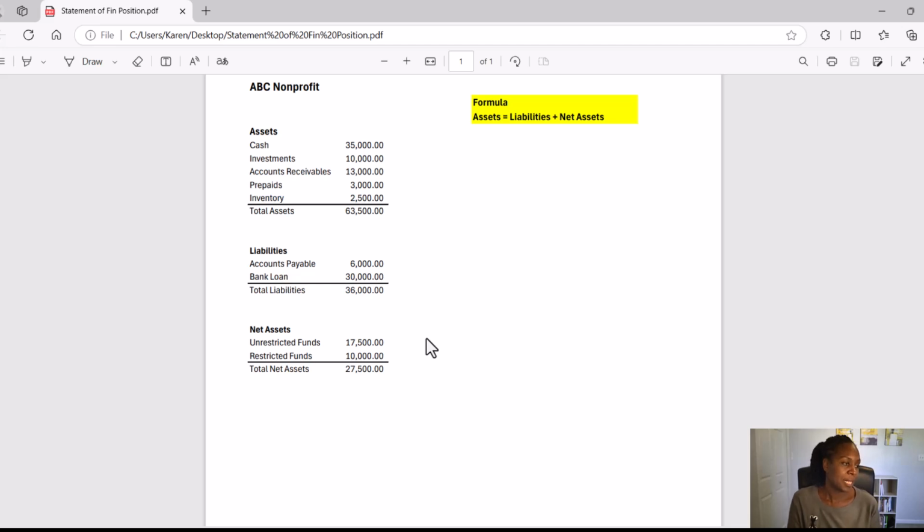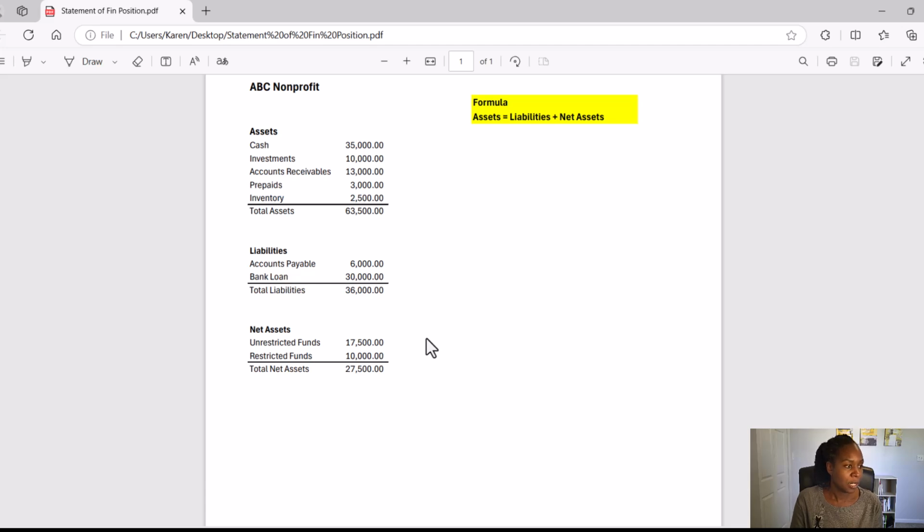So in your net assets, you'll have unrestricted funds and restricted funds. Unrestricted funds are funds that you receive, and you can do anything you want with these funds. You can spend it on operations or capital or anything that is for your organization.